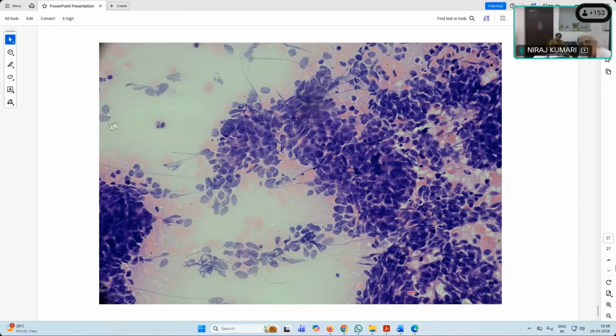And then you see here what? You see these nuclear moldings, nuclear overlapping, fine salt and pepper like chromatin, and a history of cough and breathlessness. Yes, where you think that the lung is probably affected. So there is something in the lung which is causing all these. Can this come from somewhere in the head and neck?